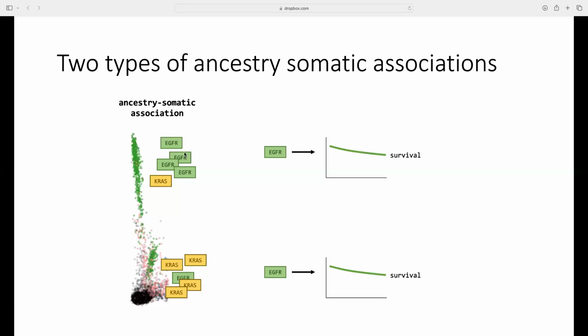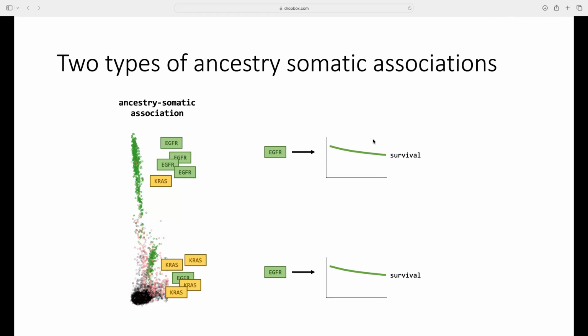One is, as we've seen, East Asian ancestry is associated with EGFR driver status. It could be the case that EGFR drivers have the same kind of survival curve regardless of which population context you are in, but because East Asian individuals have more of these drivers, they have survival curves that look more like this one over here.